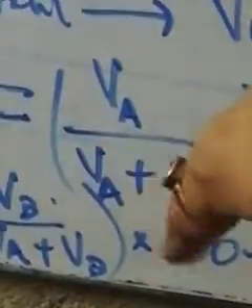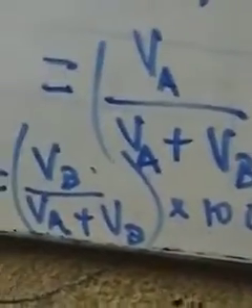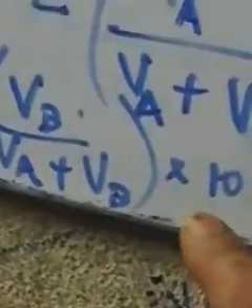Where VA is volume of solute, and VA plus VB is the total volume of solution. Just see, here in the volume percent we take the volume of solute and volume of solvent, divide by the total volume of the solution, and multiply by 100, and we obtain volume by volume percent.